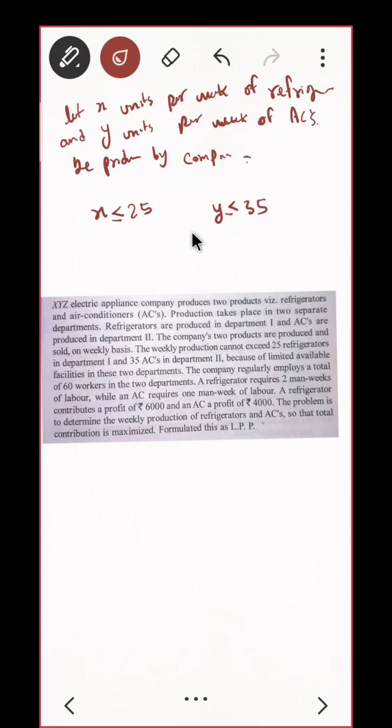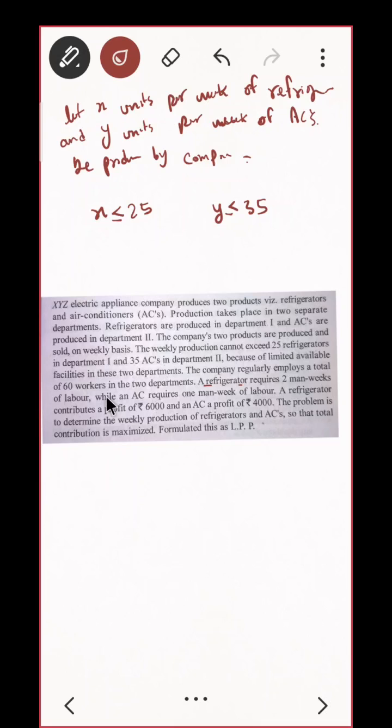What next? Can you see something else? A refrigerator requires 2 man-weeks. How can we relate this?